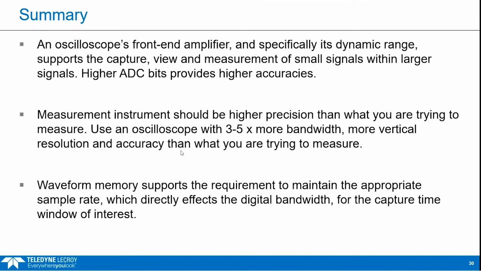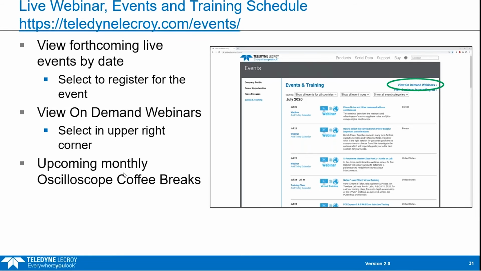What is the purpose of your measurement? What are you working with? What's the situational awareness? Then get the right product to help you do that. Just as reminders, waveform memory supports maintaining the appropriate sample rate, which directly affects your digital bandwidth. Don't forget about that.